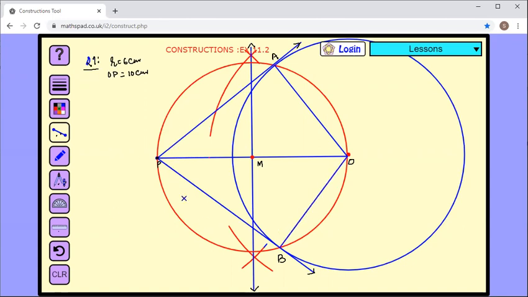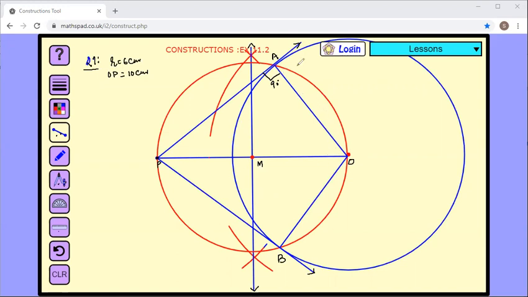Now children, consider this red circle, and in this red circle this OP is the diameter, and this angle is the angle in semicircle, and you all know that the angle in semicircle is always of 90 degree. So that means this angle is definitely of 90 degree.